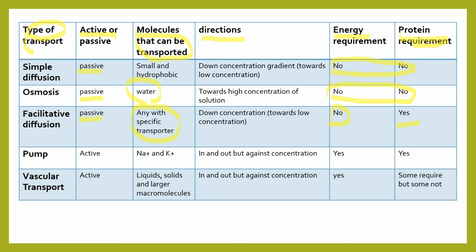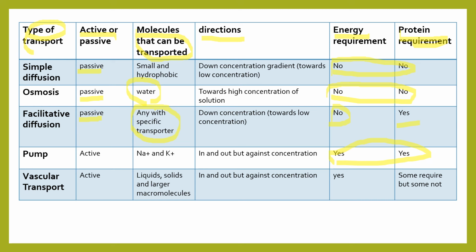Pump is an active type of transport. Specifically, sodium and potassium ions are transported through pumps in and out of the cell. These ions may be transported against the concentration gradient. Both energy and transport proteins are required.